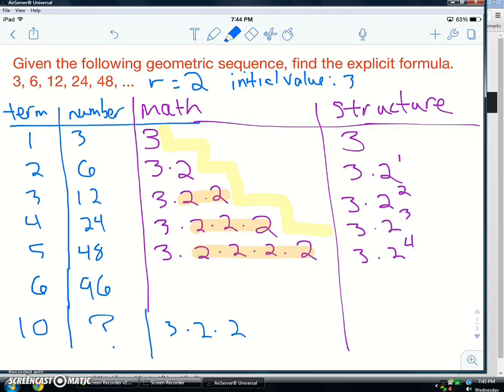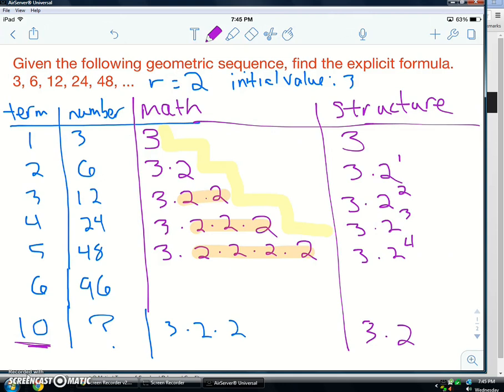Okay. So now, if we go down to this question that I asked earlier about the 10th term, I want you to think about what that's going to look like. Well, everything here has got a 3 times 2 in there.